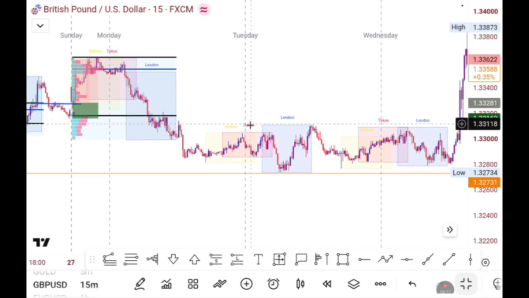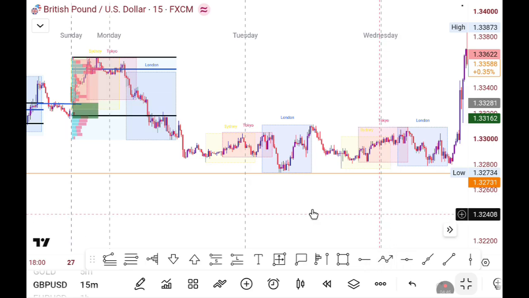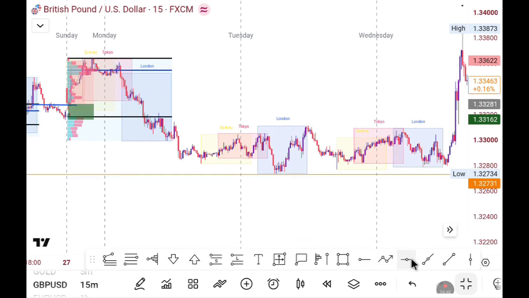According to my experience, if your support and resistance are very far apart and the candles were outside them after London finished, that is one case. But if the candles were right in the middle, like right here, I call it an A+ setup. This one is also an A+ setup if you understand it, and it's very easy.